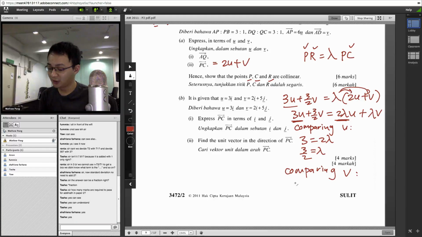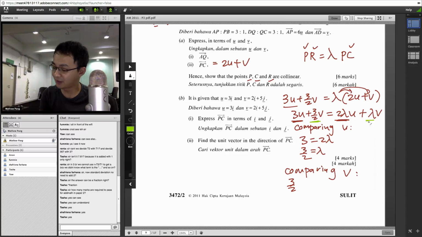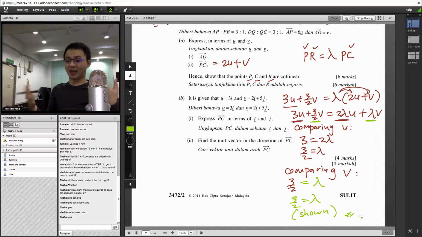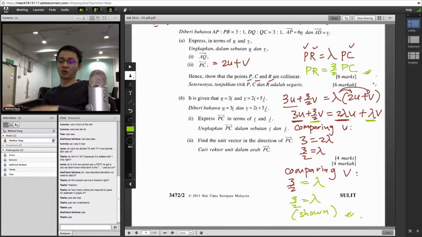So this is 3 over 2. Comparing V means everything beside the V equals lambda. So lambda is 3 over 2. In this case, if both also give me the same lambda, I write 'Hence', that means they are collinear. That means PR equals 3 over 2 PC. If PR equals 3 over 2 PC, it means they are collinear, just one of them is longer.